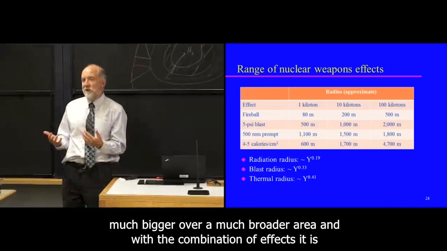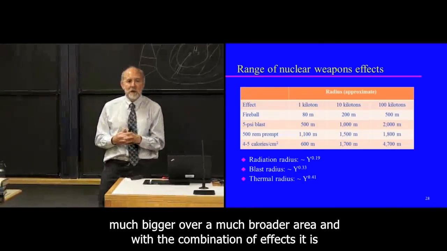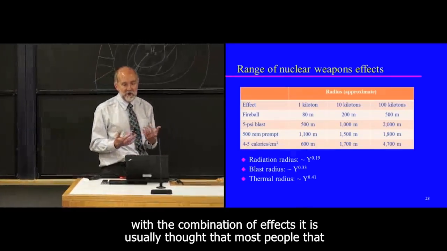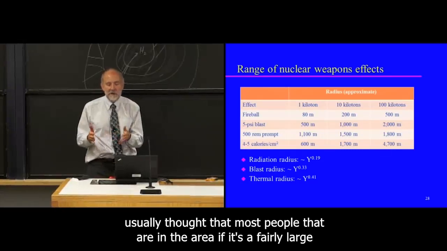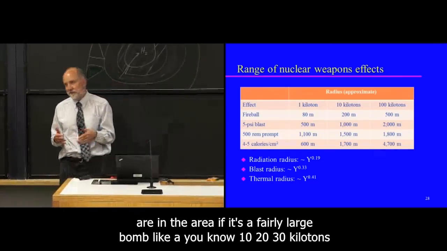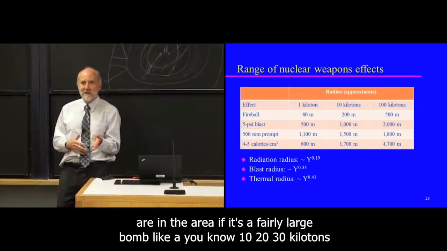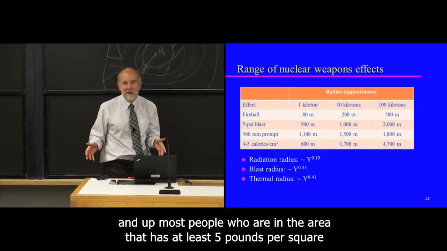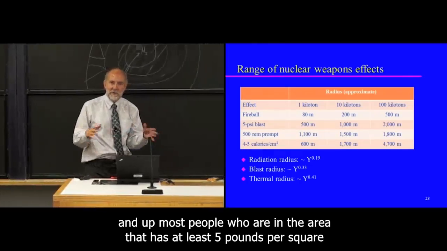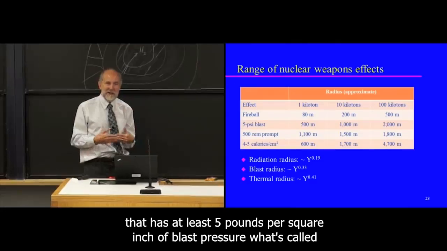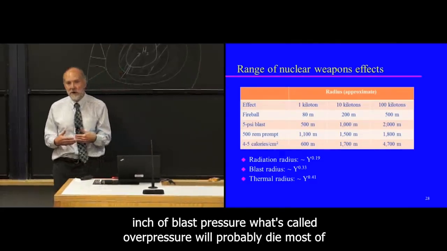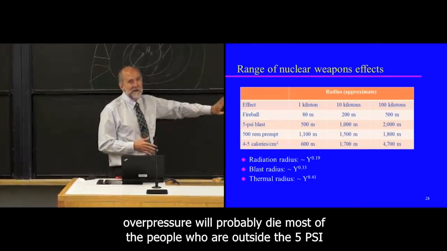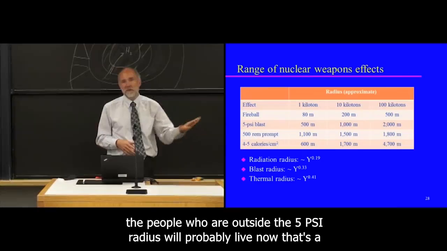With the combination of effects, it is usually thought that if it's a fairly large bomb, like 10, 20, 30 kilotons and up, most people who are in the area that has at least 5 pounds per square inch of blast pressure, what's called overpressure, will probably die. Most of the people who are outside the 5 psi radius will probably live.